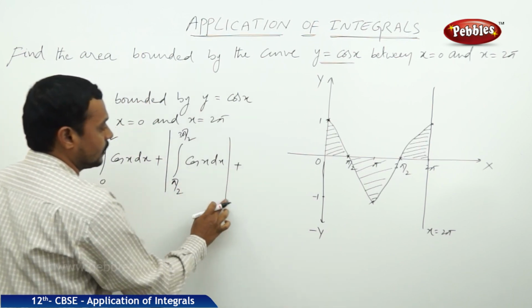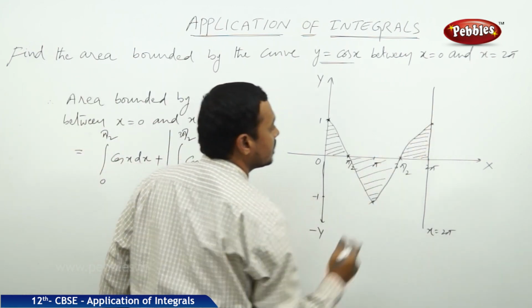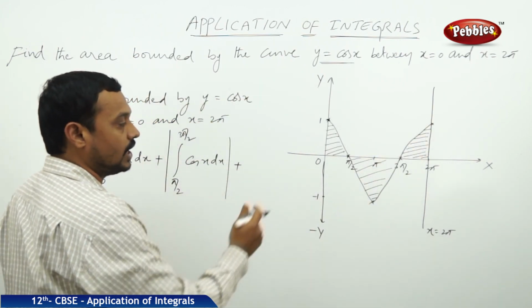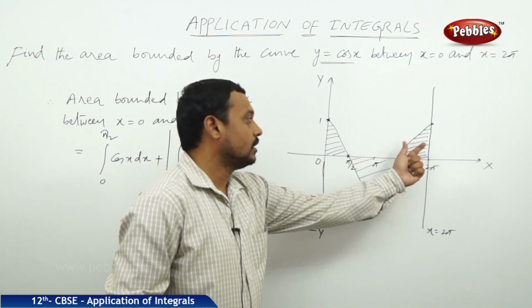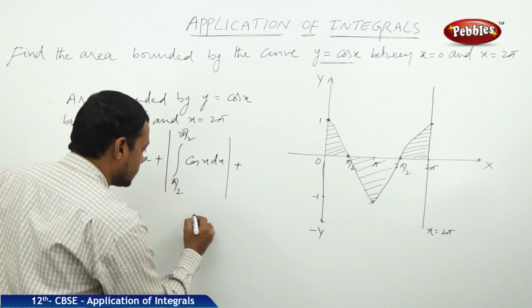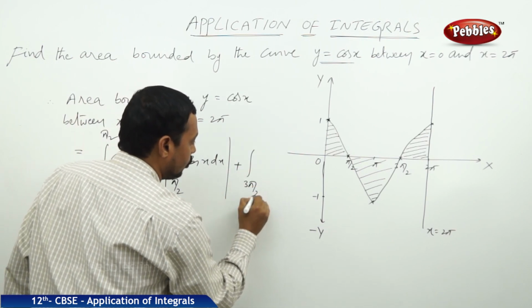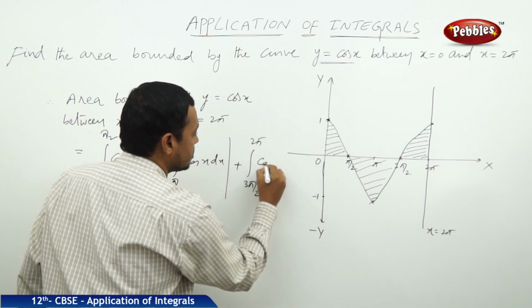And next, in the interval from 3 pi by 2 to 2 pi, again the curve is above the x-axis, and we get the positive area in that region, that is the integral from 3 pi by 2 to 2 pi of cos x dx.